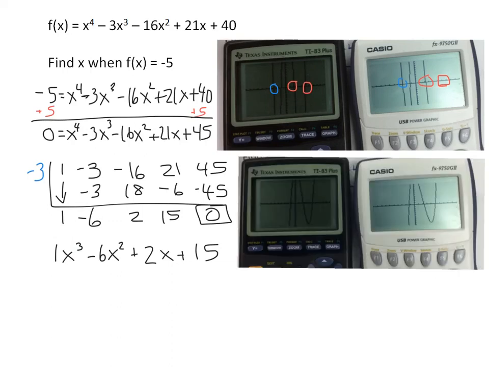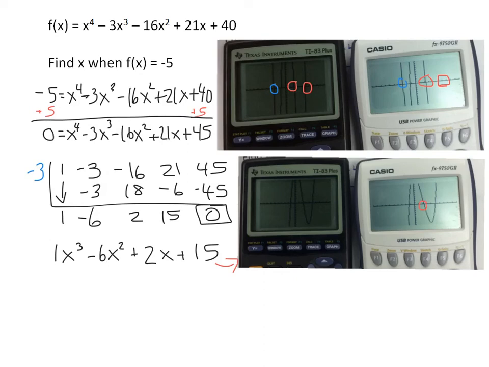So I took our new third-degree polynomial and I graphed that on my graphing calculator. And if you look at that function now, you'll notice that we have some x-intercepts again, and we need to find a whole number one. Now if you use trace and hit 2, for example, because it kind of looks like 2 might be a solution.